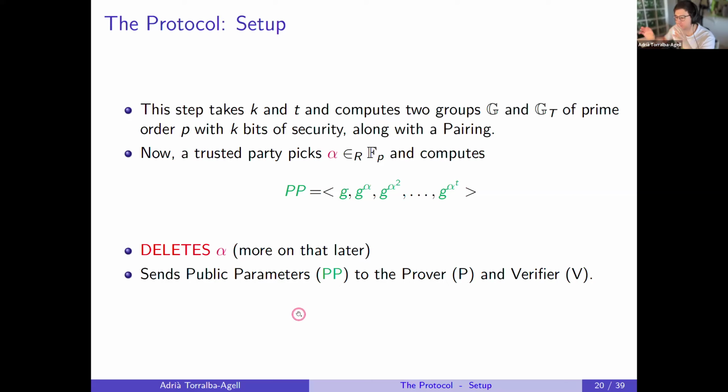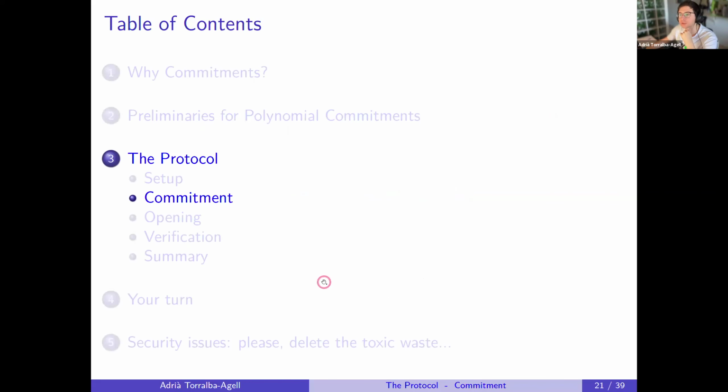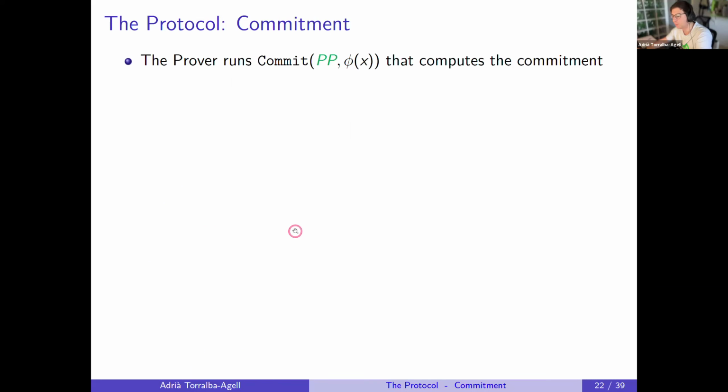Okay, this is the first part of the protocol, the setup. And now we are going to work with the polynomials. The second phase is the commitment. In this phase, the prover wants to commit a polynomial, and to do that, she runs the commit with the public parameters and the polynomial that she chooses, and then computes this commitment.